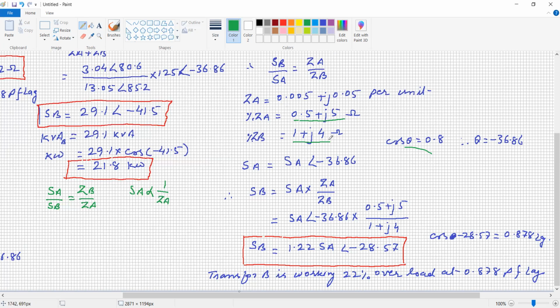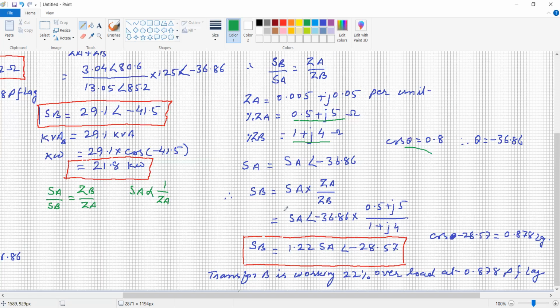If the resistance to reactance ratio of both transformers is same, they will share equal power, isn't it? Here the kVA rating of the transformer is same, but what is the difference? The ratio of resistance to reactance is different. The transformer A has the resistance to reactance ratio 0.5 divided by 5, which is smaller.